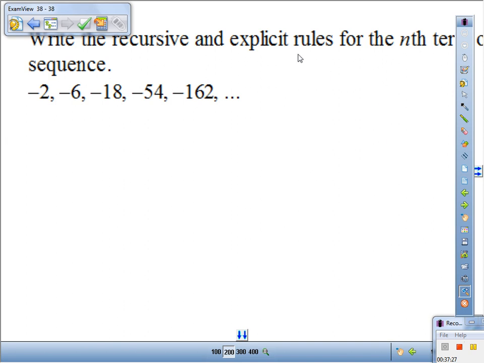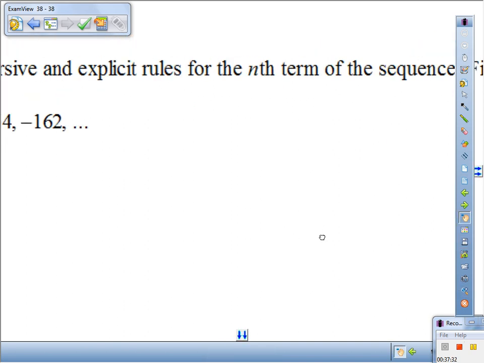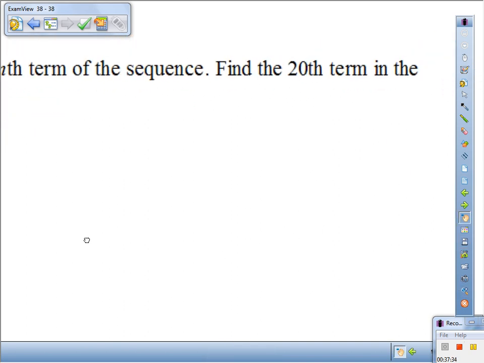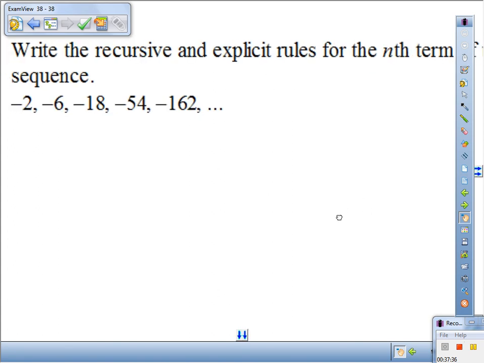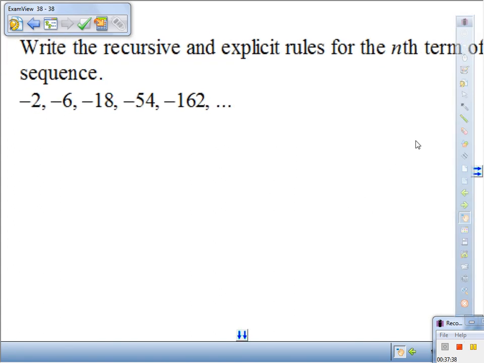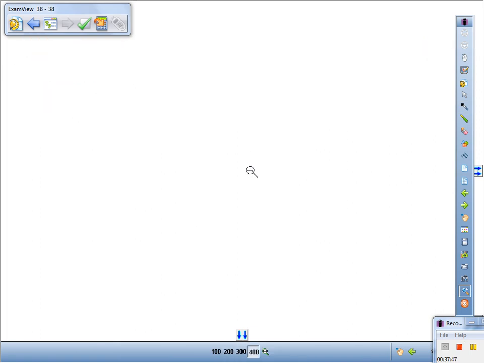It says, write the recursive and explicit rules for the nth terms of the sequence and find the 20th term in the sequence. All right, what's the very first thing you're going to do with those numbers? Very good. Make a table.